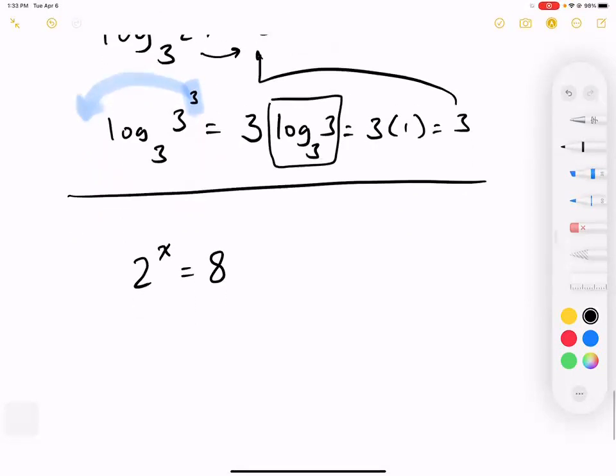Because as you can see, this x is in the exponent. And when variables are in the exponent, it's actually impossible for us to solve it directly. We can guess it. We can say 2 to the x power is equal to 2 to the third power, right? Isn't that true? 8 is really 2 cubed. So then we can say, since they have the same base, x has to be 3. Or you could guess 2 times 2 times 2.